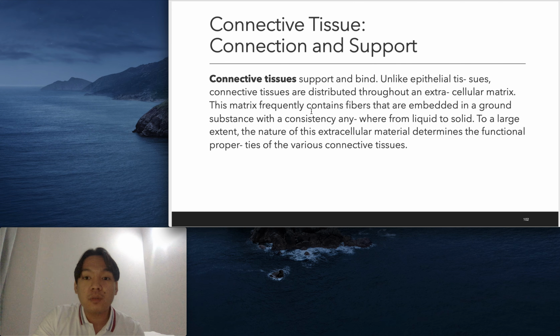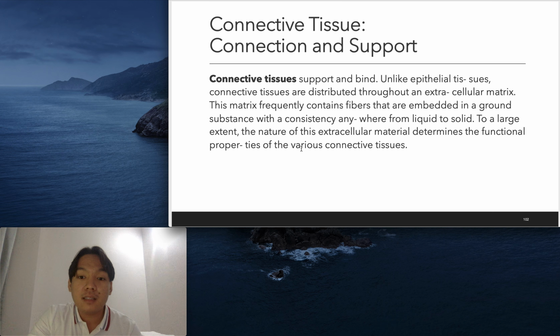For connective tissues, we have support and binding. They are distributed through the extracellular matrix, and this matrix frequently contains fibers that are embedded in a ground substance, with a consistency from liquid to solid.